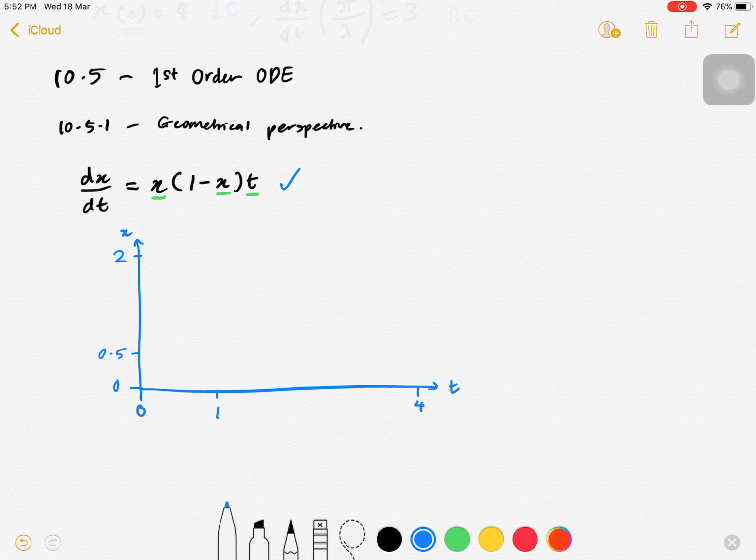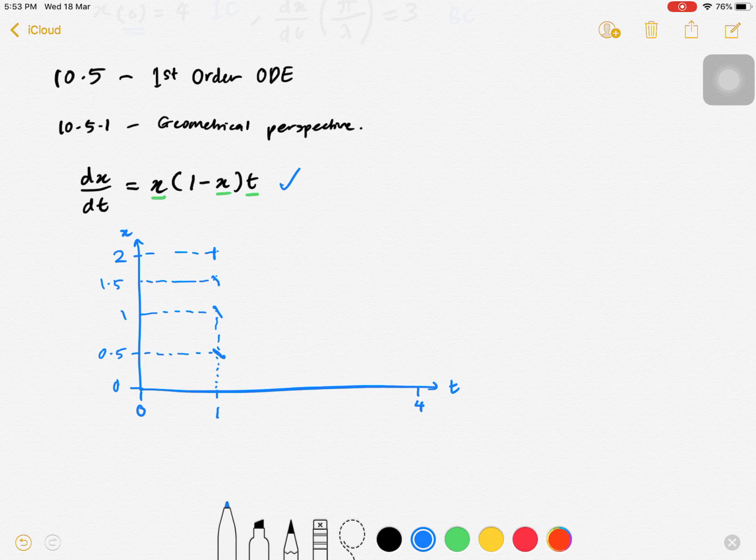For example, the gradient for this point is -1, so we put a line like that. We can do this for other values of x and t. For example, maybe the gradient is a little steeper, 1.5 the gradient is steeper still, and finally the gradient is infinity.